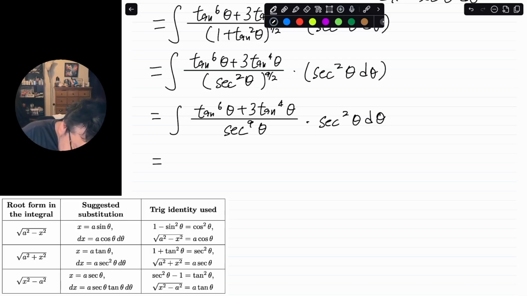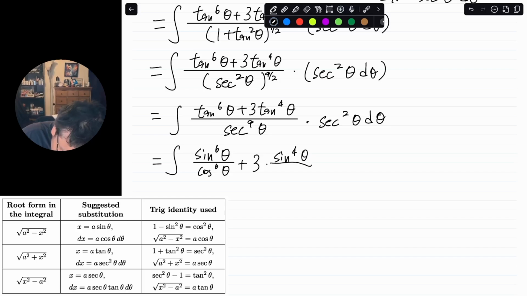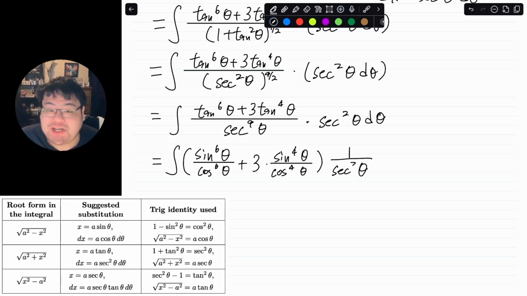Let's also expand tangent in terms of sine and cosine. Then we have 1 over secant to the 7th power, which is just cosine to the 7th power.